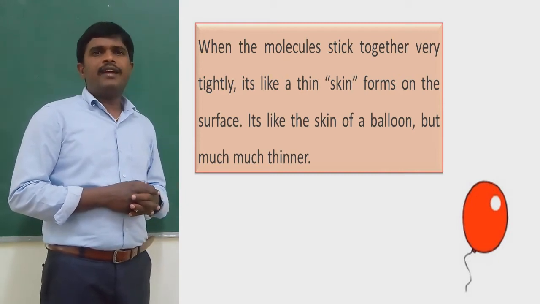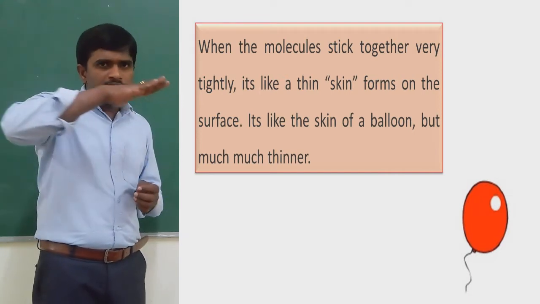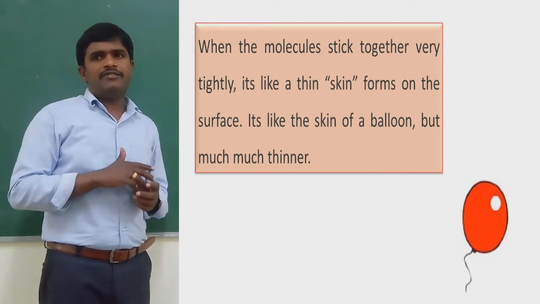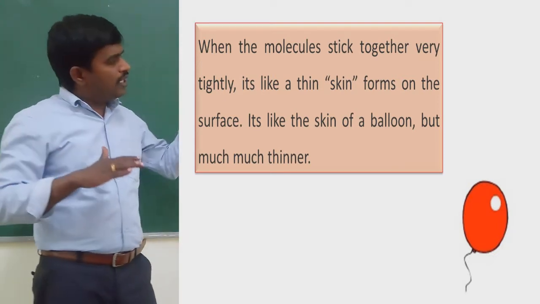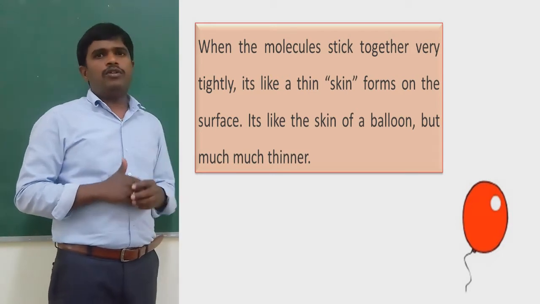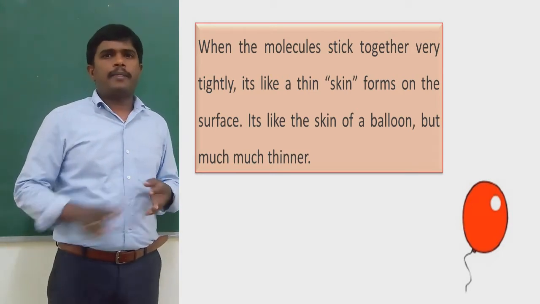The molecules are held very tightly. It's like a thin skin forms on the surface of the liquid. It's like a skin of the balloon, but it is much thinner.